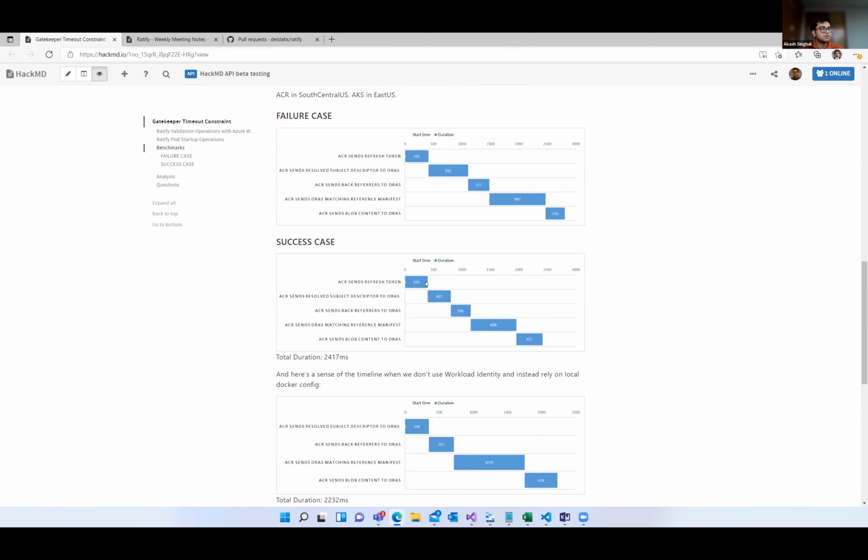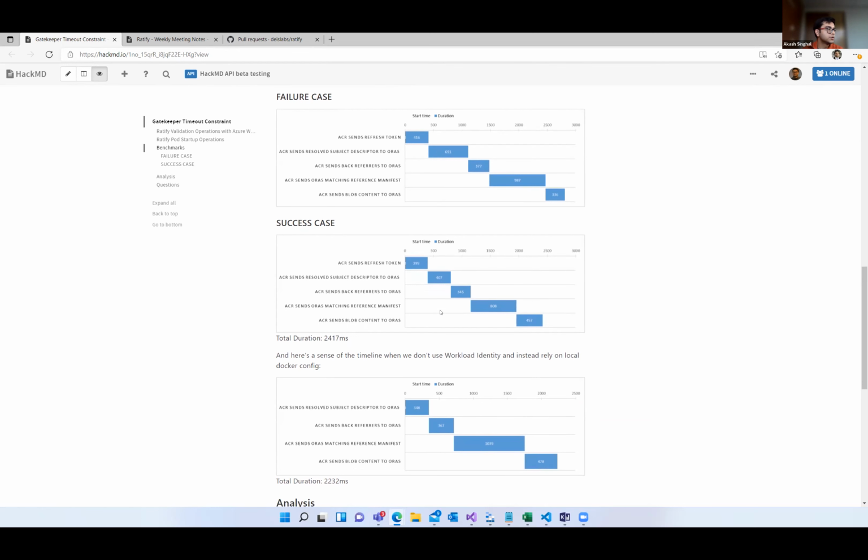In this case, it takes between, I'm saying, 400 to 600 milliseconds. It just depends on the instance that was running. Then resolving the subject descriptor takes 407 milliseconds. After that, we need to get the list of referrers, which takes approximately 400 milliseconds.